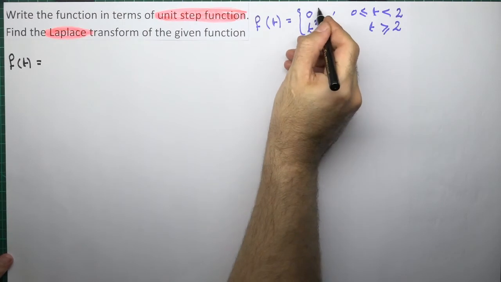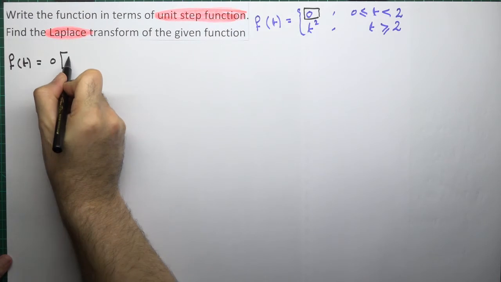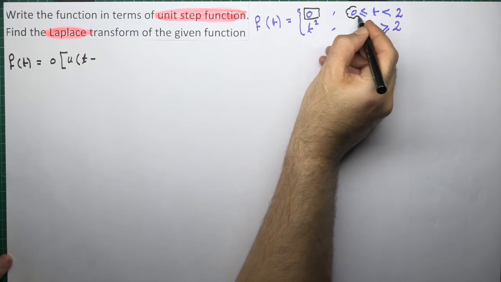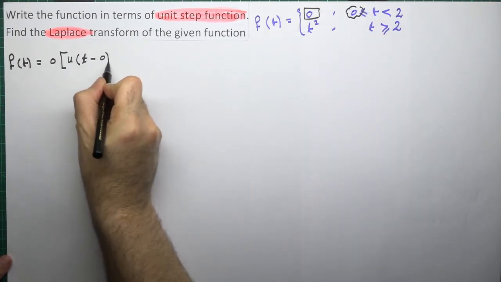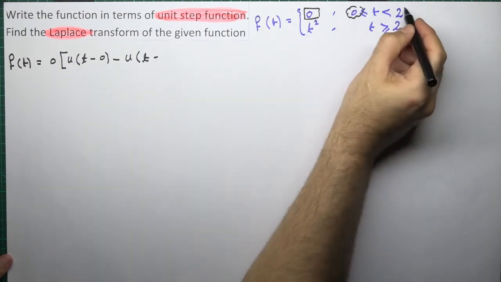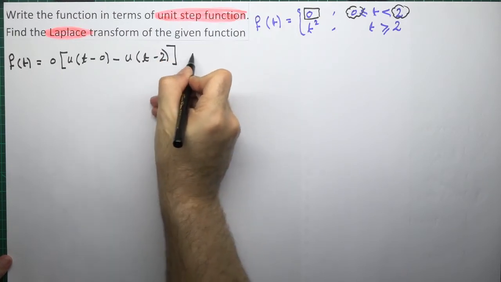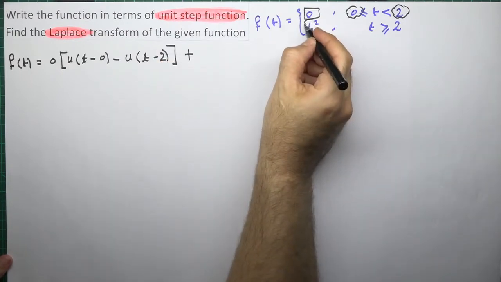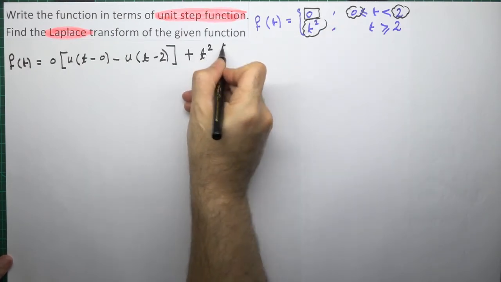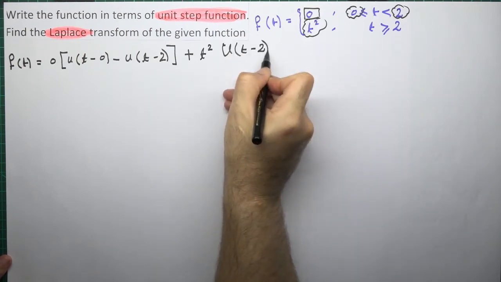We will write whatever we have here: 0 times u of t minus this number minus 0, then minus u of t minus this minus 2, then we will close this, plus we will take whatever we have here. We have of course t squared times unit step function of t minus 2.